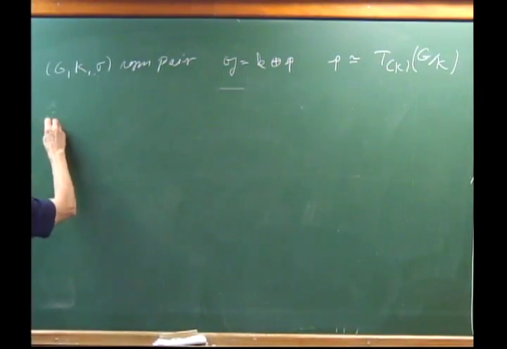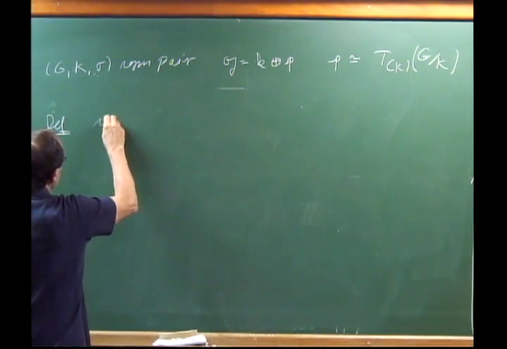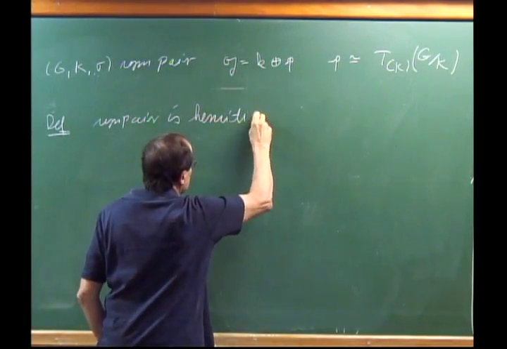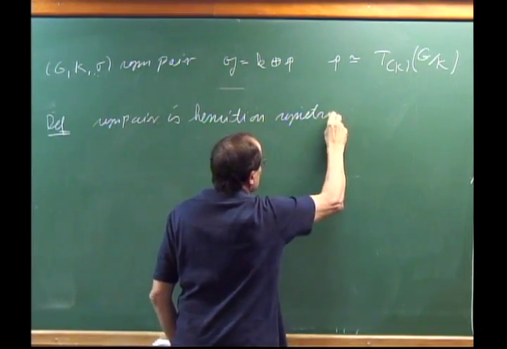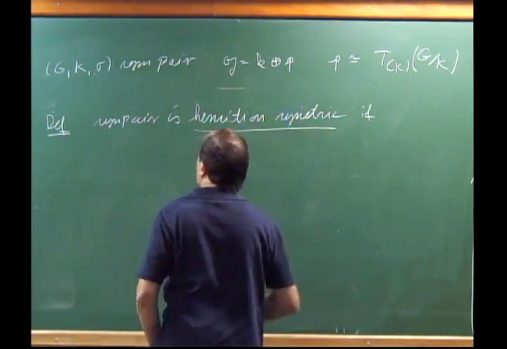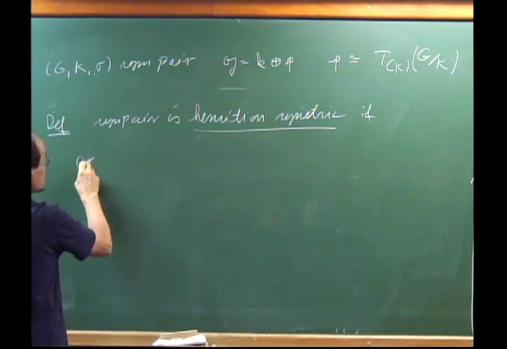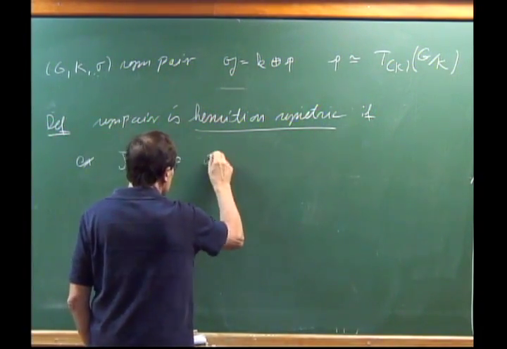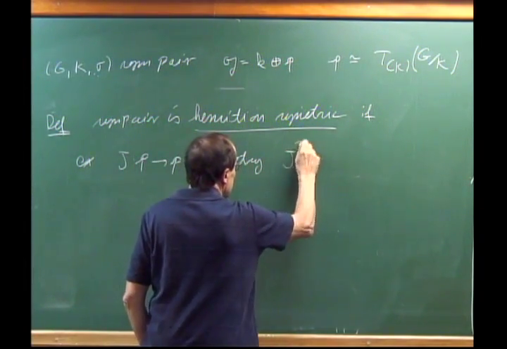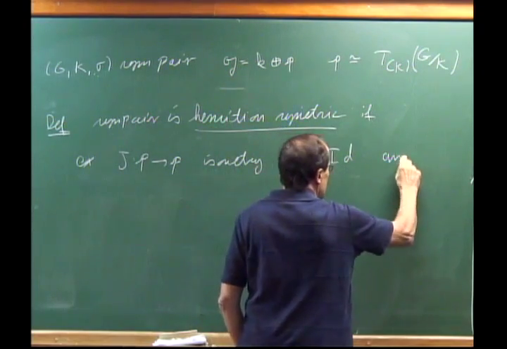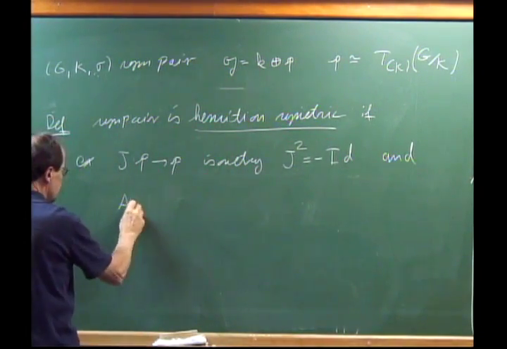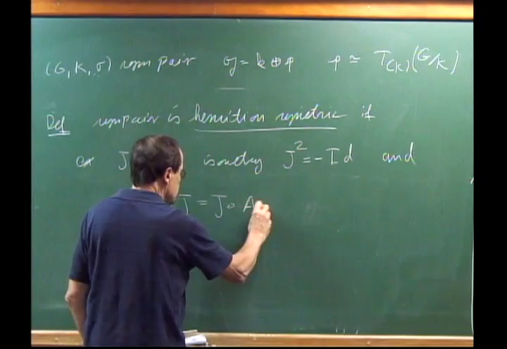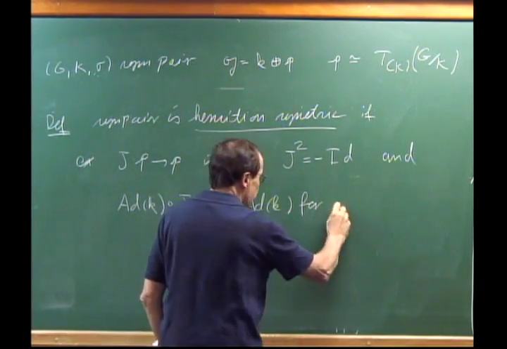And now I say, so definition, the symmetric pair is Hermitian symmetric if the following thing holds: if there exists a complex structure J on the complement P, so it must be an isometry, J squared is minus identity, and it commutes with the adjoint of the isotropy representation for all elements in the isotropy group.